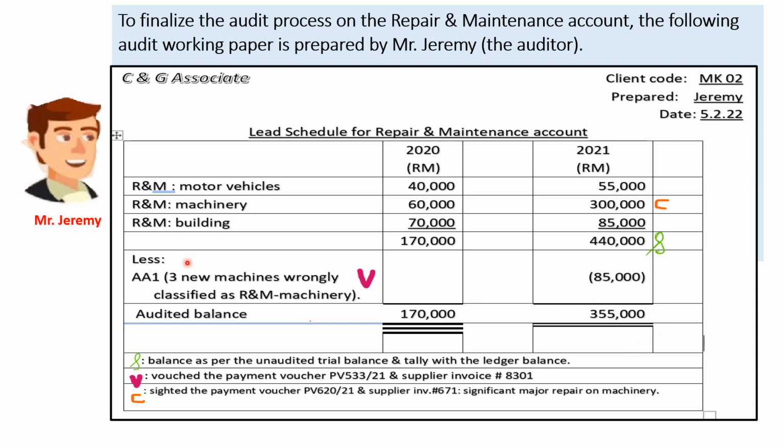Later on, this will be updated in the audit adjustment listing, and the auditee, which is the client, will do the adjustment in the account once all the audit reports have been finalized. At this point, if you realize I do not include the adjustment on the depreciation and accumulated depreciation, which is supposed to be there also, that will appear in another schedule, which is the schedule for the depreciation.